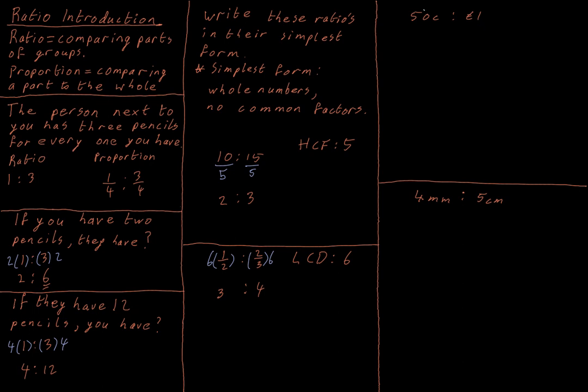Now I definitely know how to write this in the same units. You could write them both in cent, or you could write them both in euro. I'm going to write them both in euro in this case. It would be perfectly fine if you wanted to write them in cent unless they told you specifically what to do. So I know that in 1 euro there is going to be 100 cent, and I've got 50 cent here.